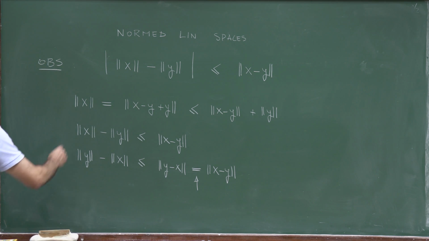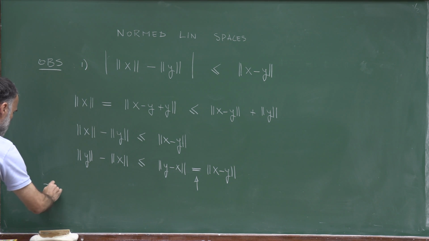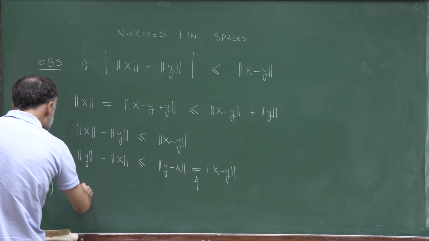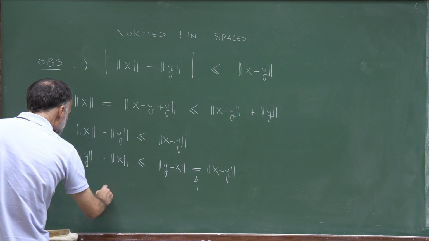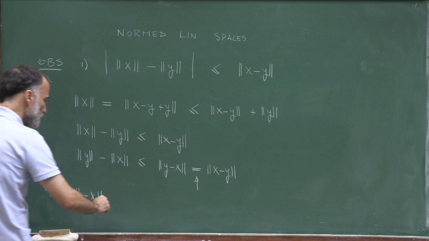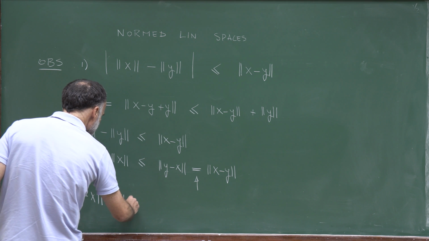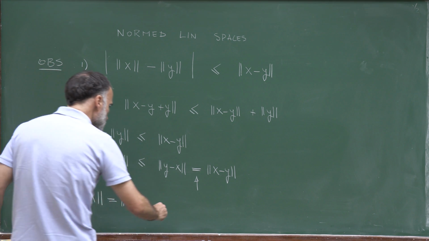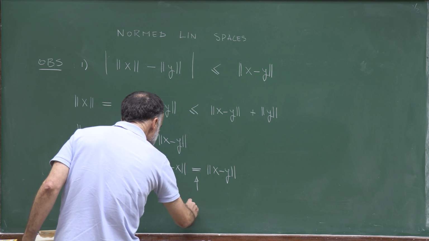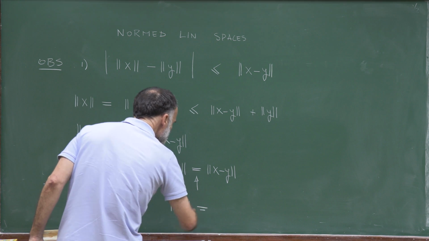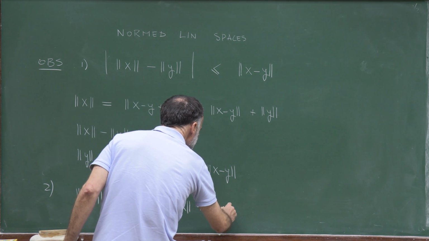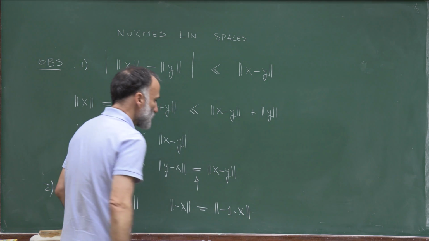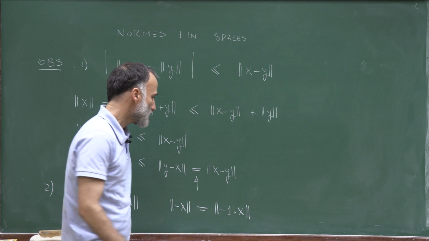And this is my second observation. I should have started with this observation, that the norm of minus x is equal to the norm of x. And this is very simple, because the norm of minus x is the norm of the scalar product of minus 1 with x.